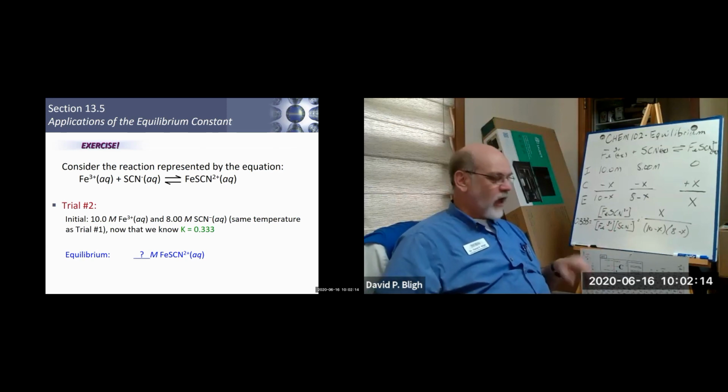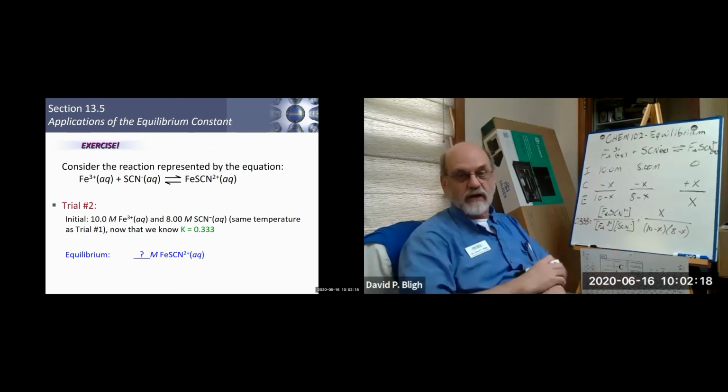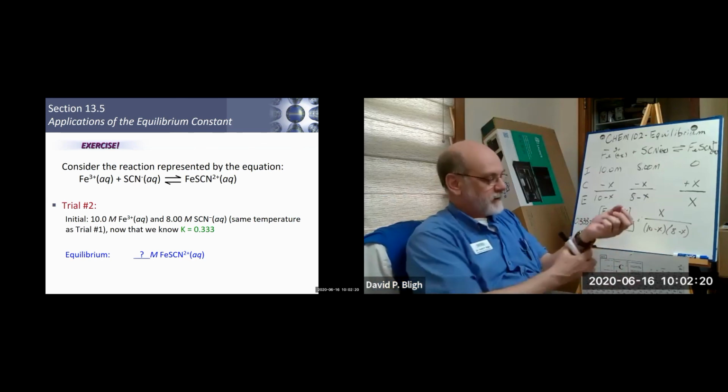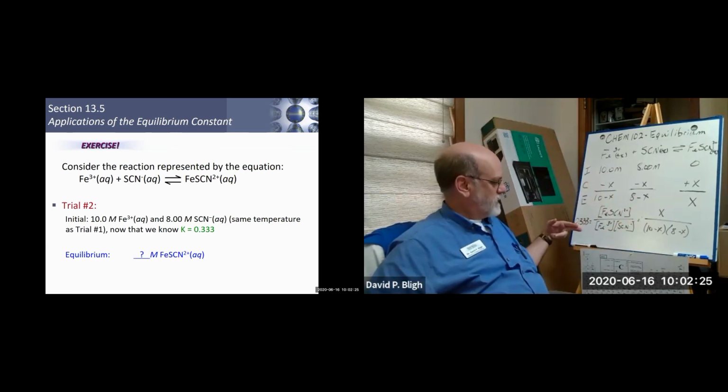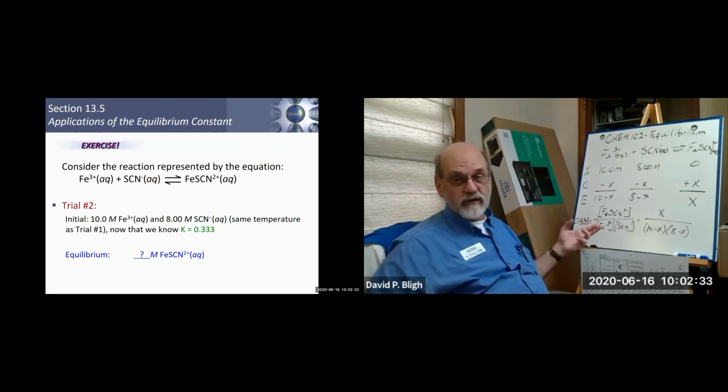And solving a quadratic is sometimes necessary. I'll show you a trick or two later that will help us with simplifying the process. But for now, rest assured that this is going to be a quadratic equation that requires a quadratic solution.